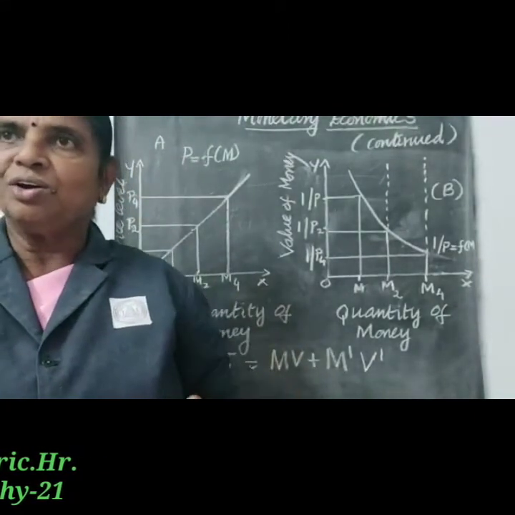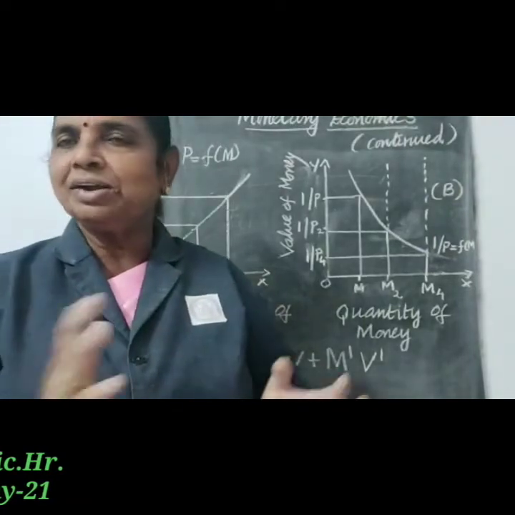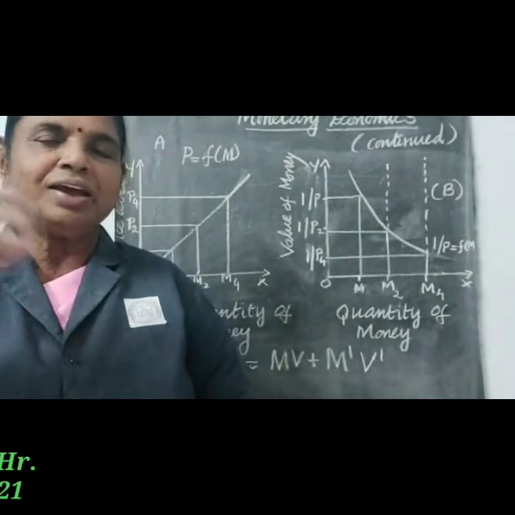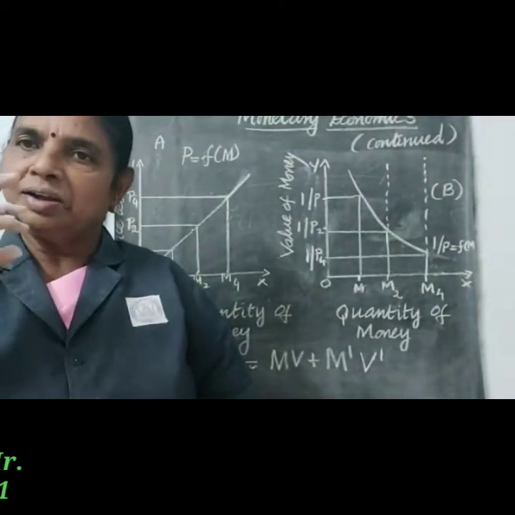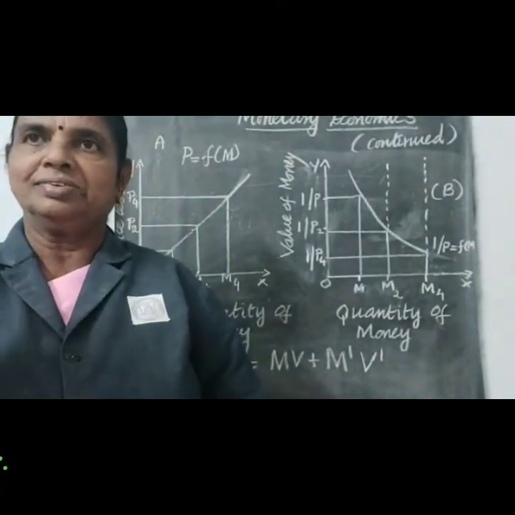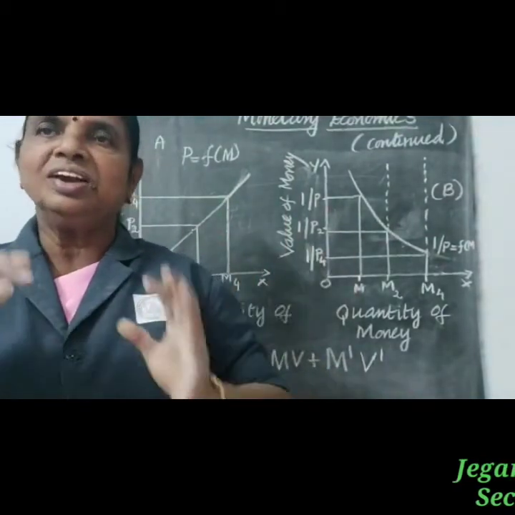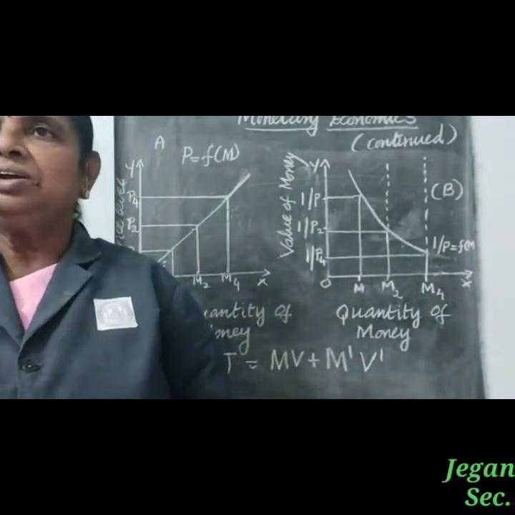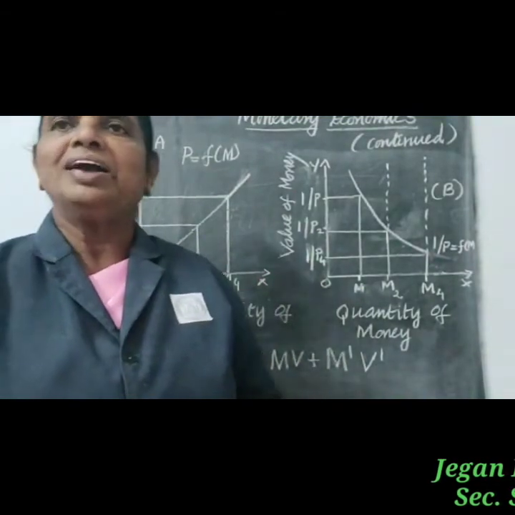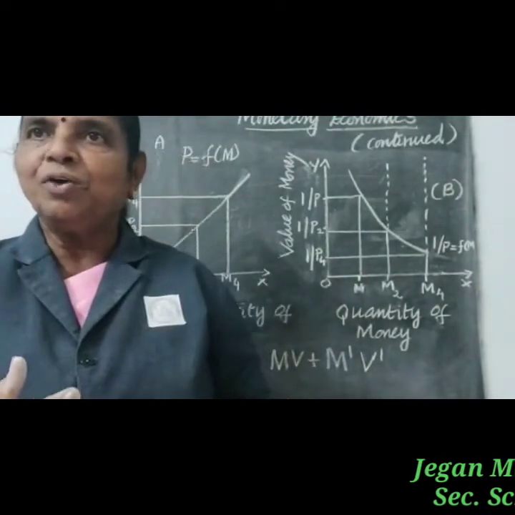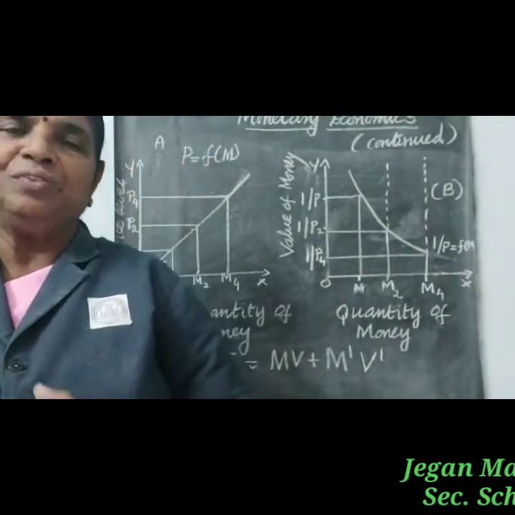In a modern economy, bank demand deposits and credit money, and their velocity, play an important role in business. So Fisher extended his original equation of exchange to include bank deposits and credit: M1 and its velocity V1.